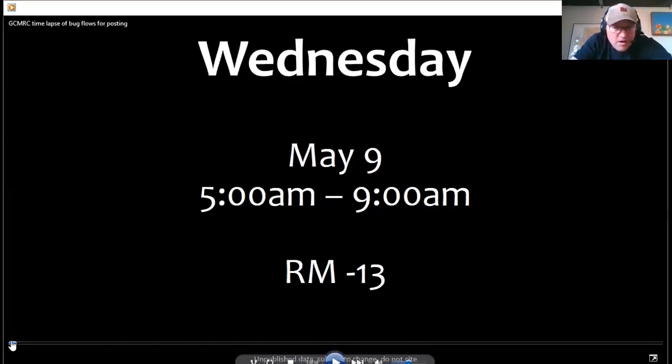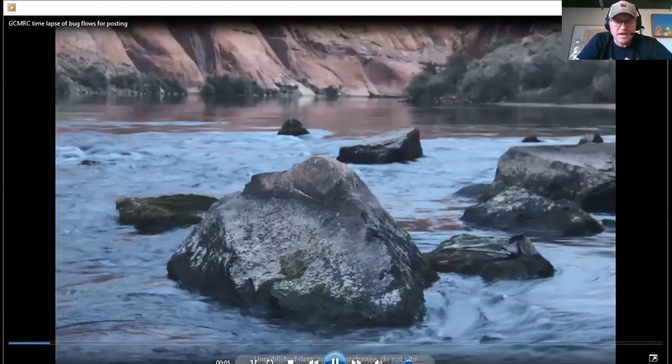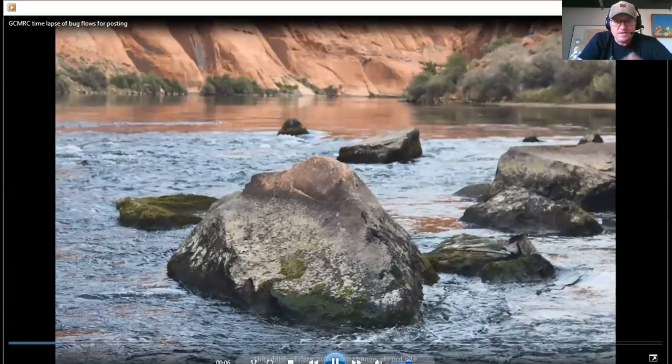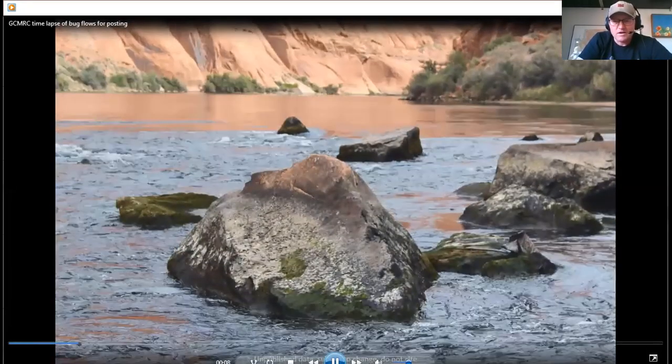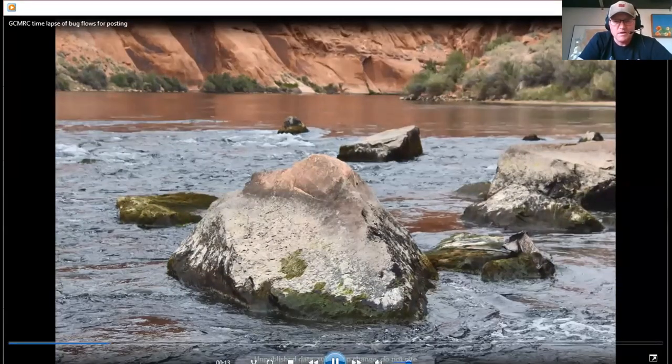We borrowed a time-lapse camera from Paul Graham's and set it out during the first weekend of bug flows. And this is up in Glen Canyon. This is showing Sunday water at a spot up at 13 Mile.